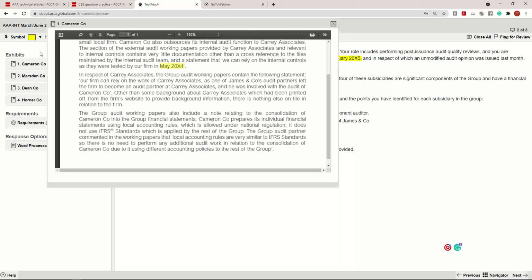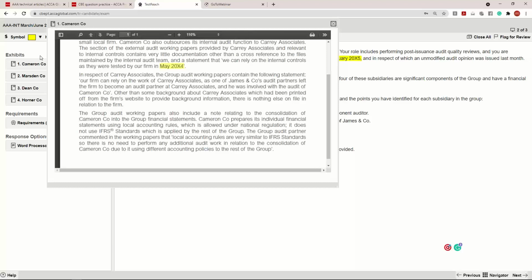June, July, August, September, October, November, December, January. That's like 8 months before the year end. They have been reviewed by the same audit firm. What if there have been some changes from May to January? What if there has been some adjustments in the internal control? Have they reviewed them? What if some designs of the internal control system have changed in the 8 months up to the year end?